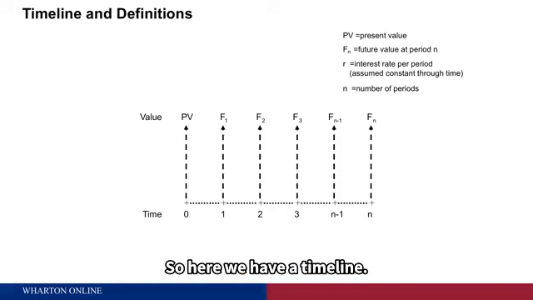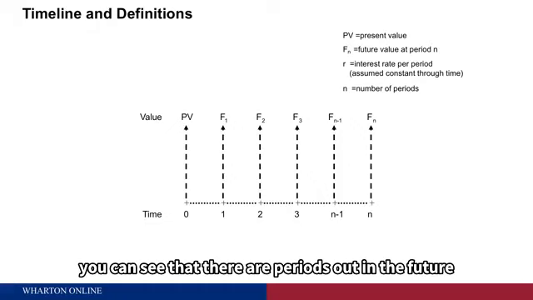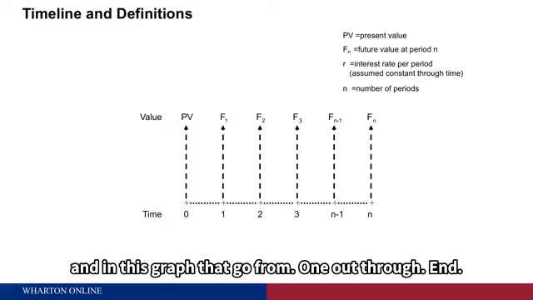Here we have a timeline, and you can envision us standing at time zero. As you look, you can see that there are periods out in the future. In this graph, they go from period 1 out through period n.